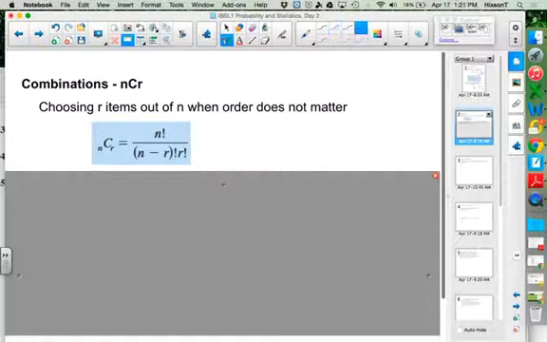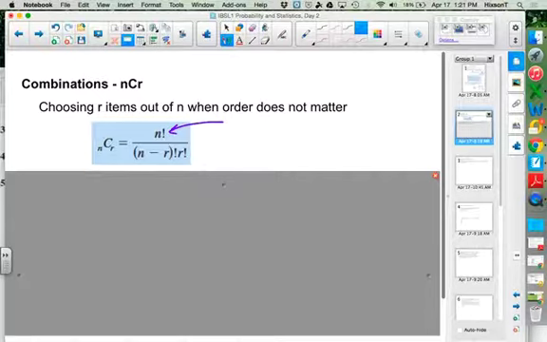N factorial would be what in this situation? Your amount, like the total. Total number of what things? Possibilities. Possible outcomes. Probability. Items.